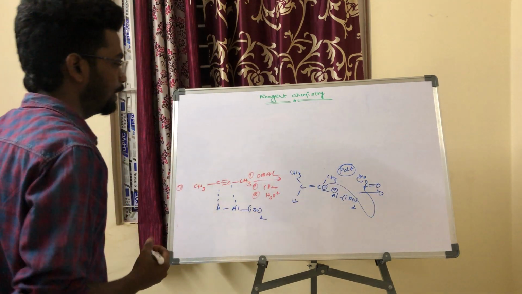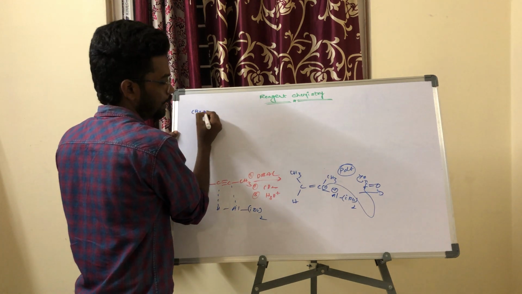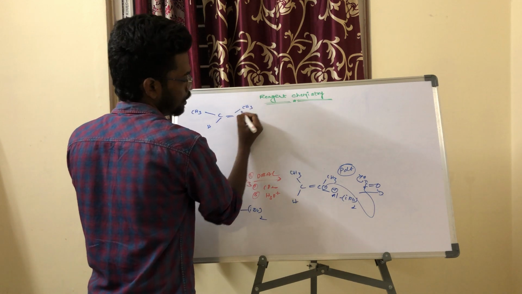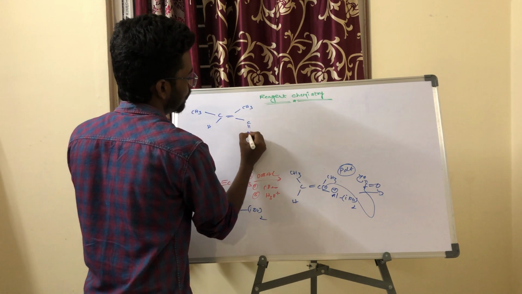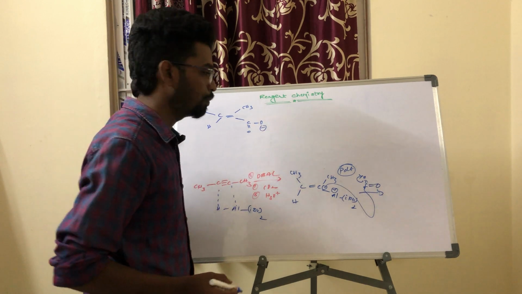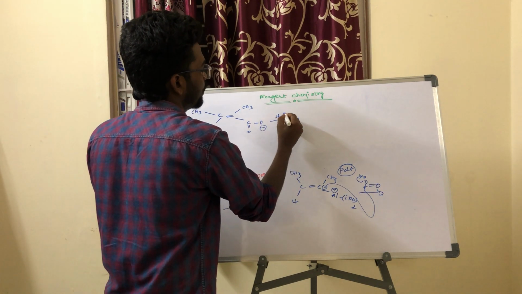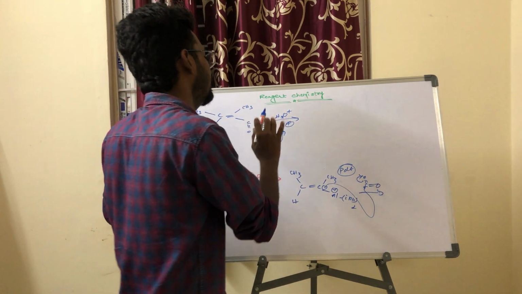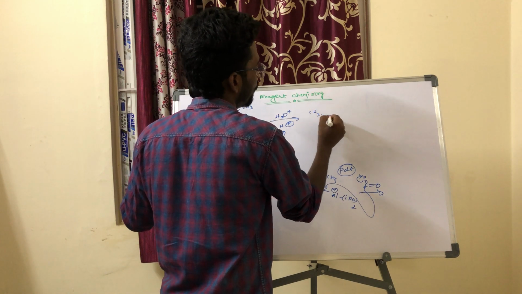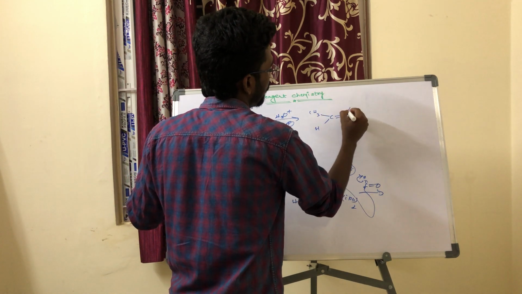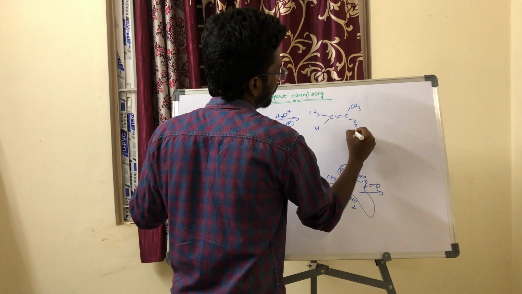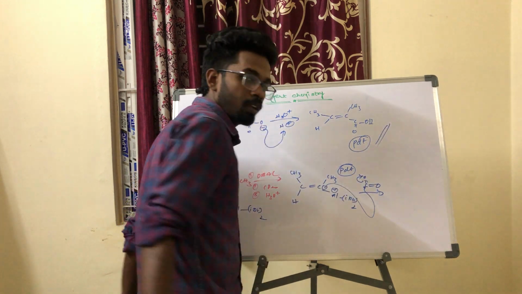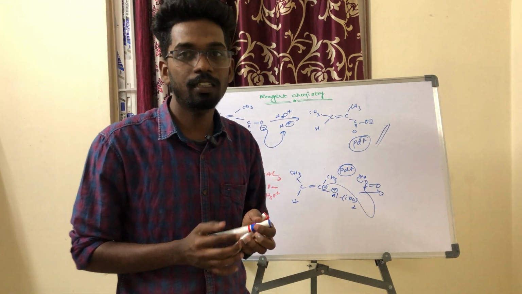So you will get the compound with C double bond O, one acid group. This is the product, and this is the reagent, that is DIBAL-H.